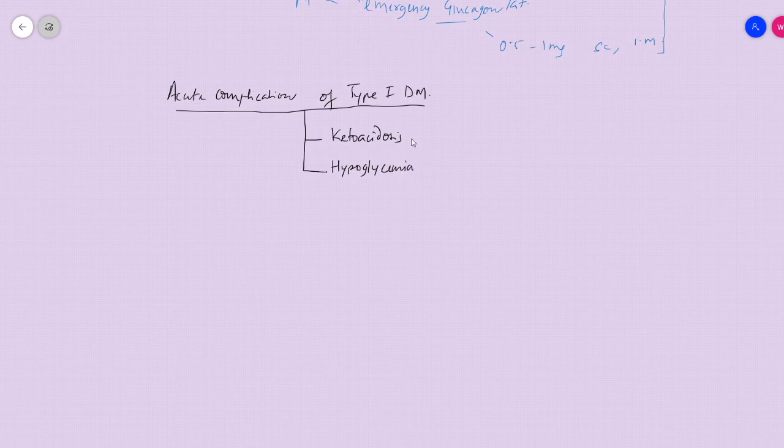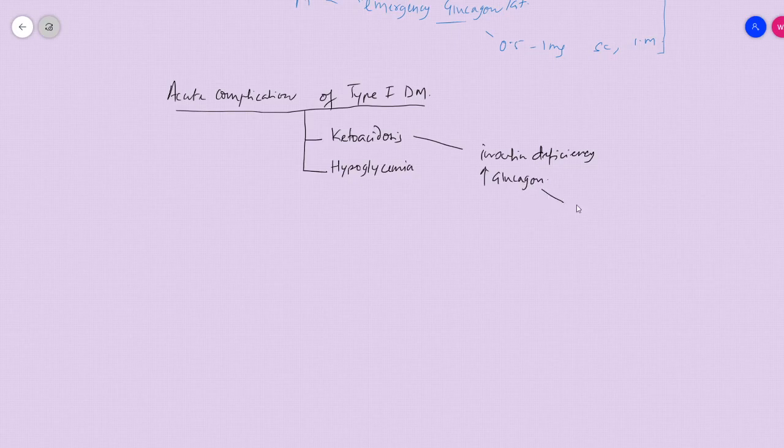Let's look at what is ketoacidosis. Insulin deficiency increases the concentration of the counter-regulatory hormone glucagon.